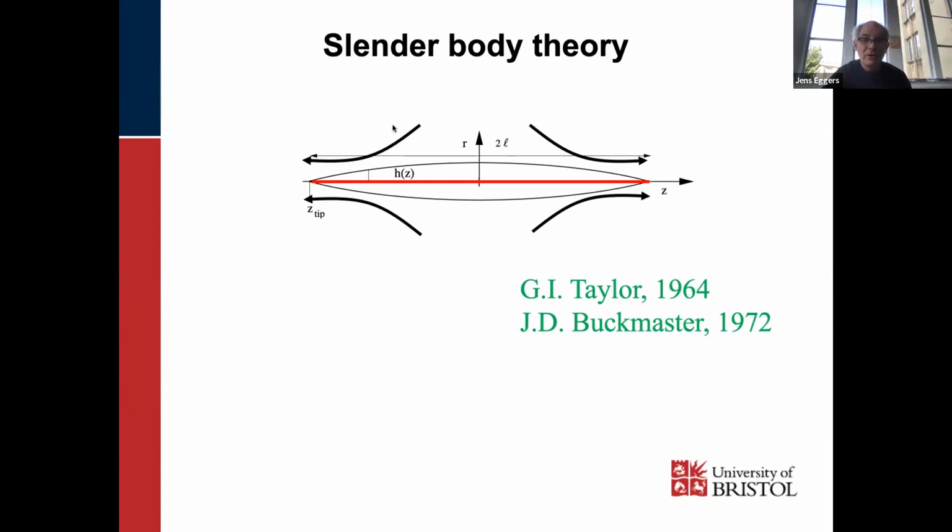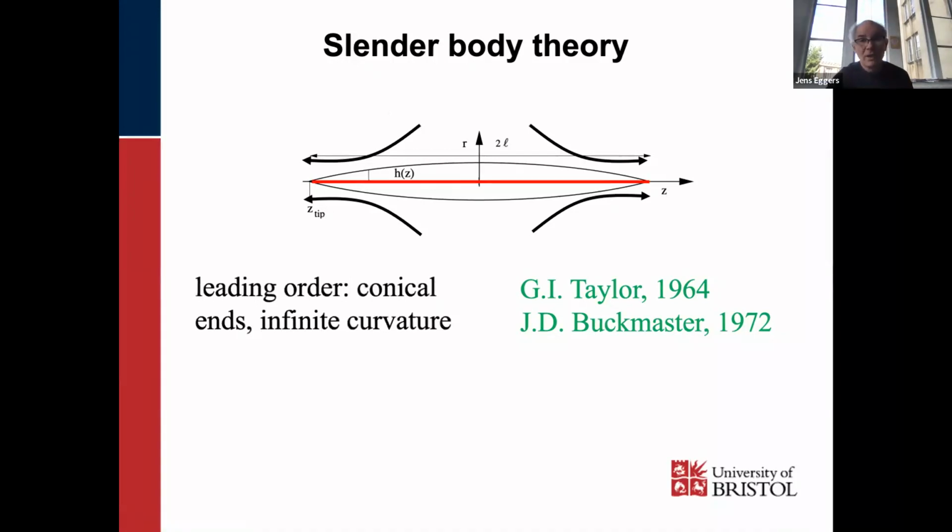So slender body theory assumes that the shape I'm describing is slender. So this extension here in this direction is much greater than the extension here in the radial direction. And this assumption permits to describe the flow as a superposition of singularities, which are concentrated here on the axis. And I use this insight to get an equation for the interface.